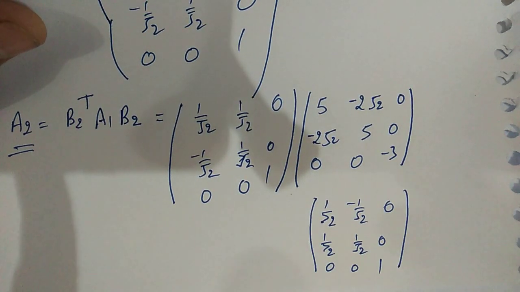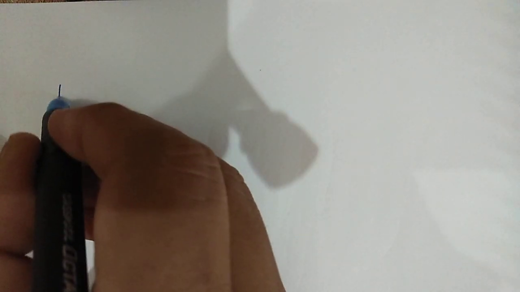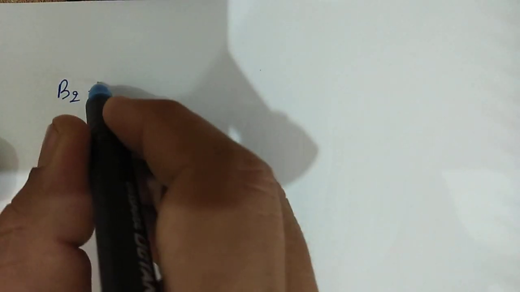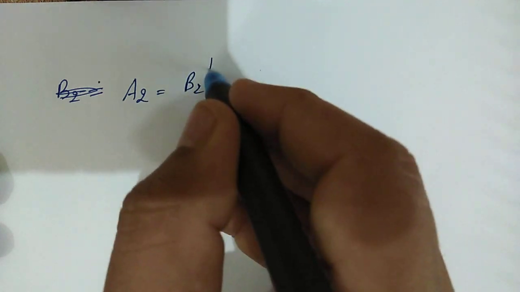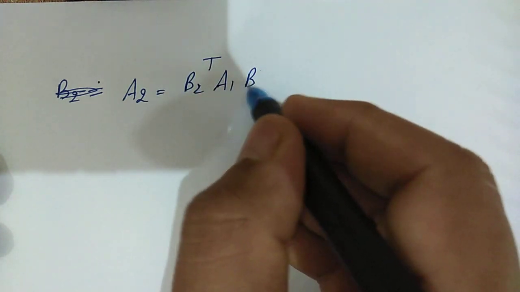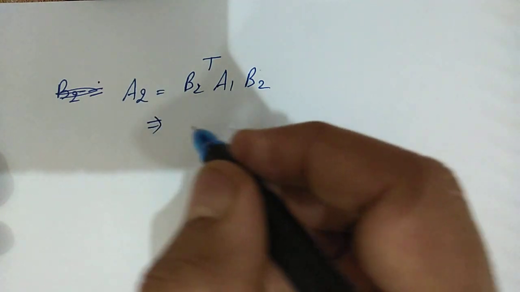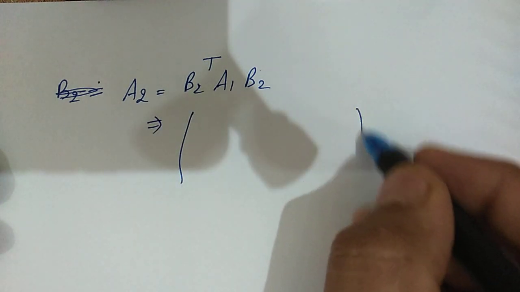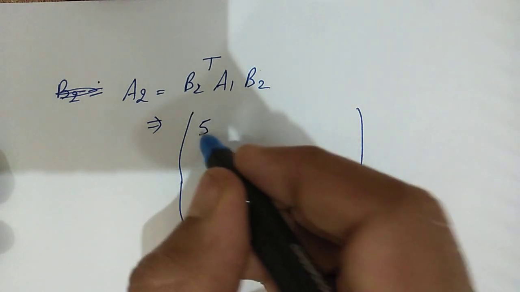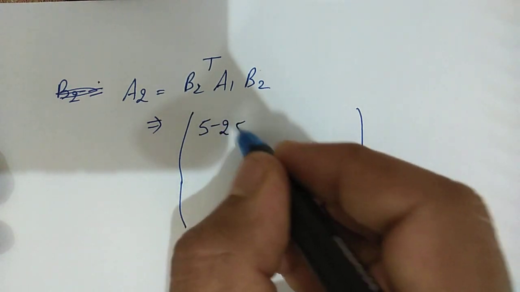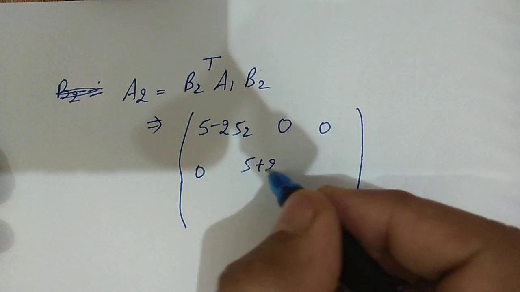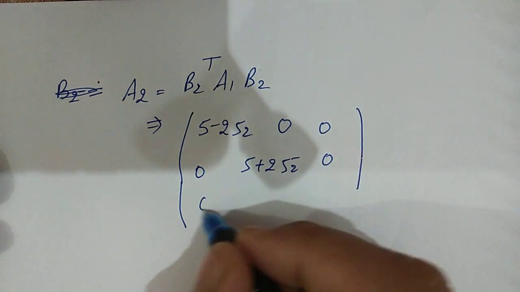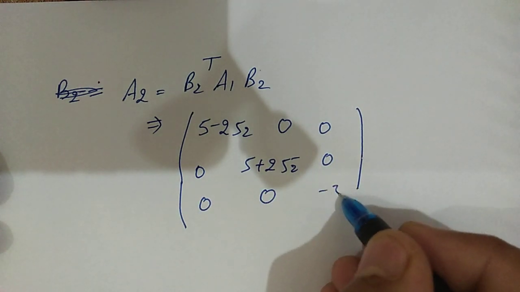Now if you simplify, A2 equal to B2 transpose A1 B2, I have written the matrix. So if you simplify, we get the diagonal matrix 5 minus 2 root 2, 0, 0, 0, 5 plus 2 root 2, 0, 0, 0, minus 3.